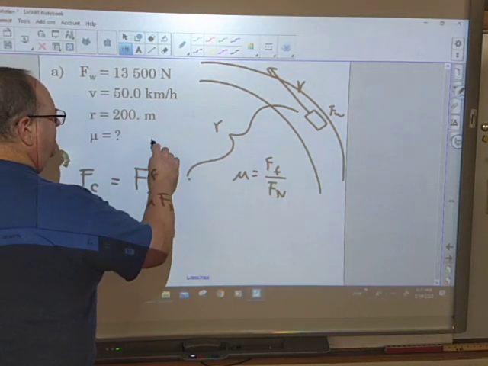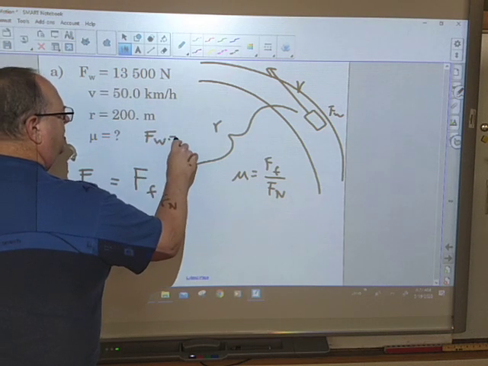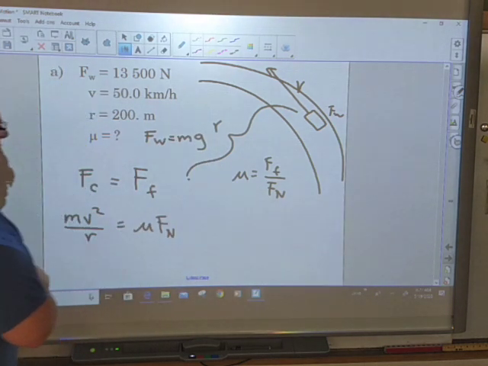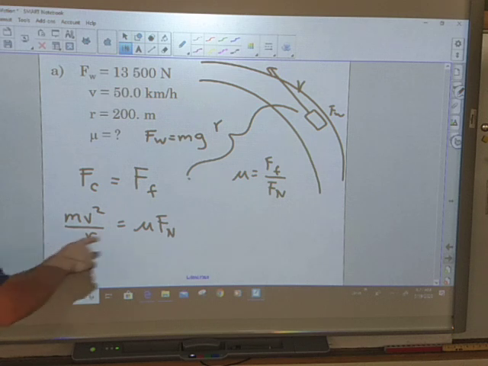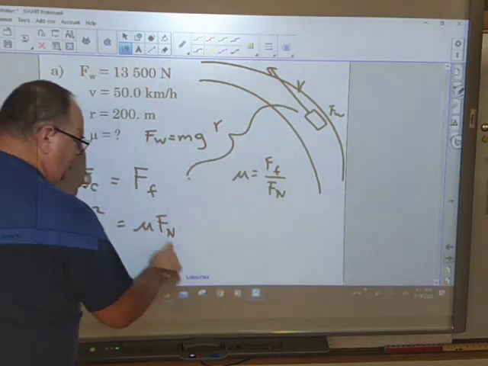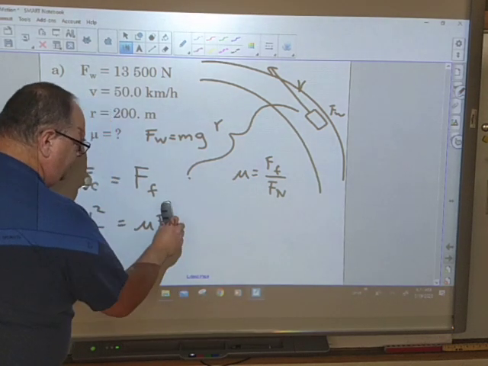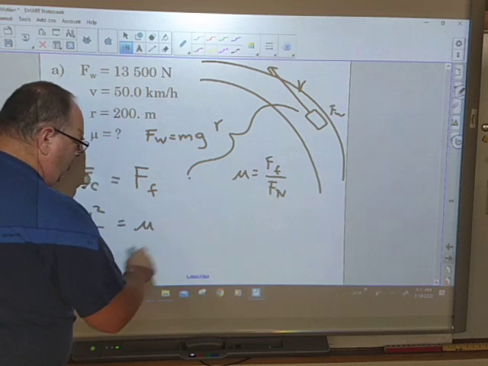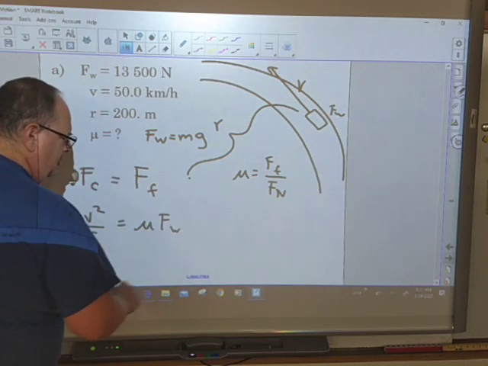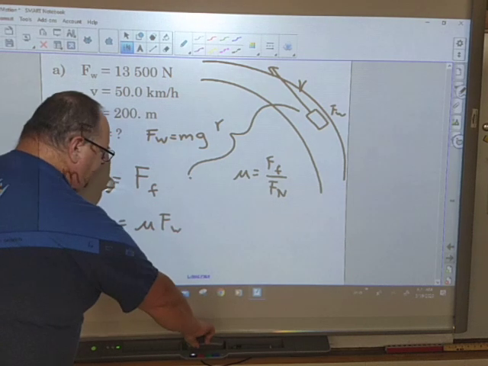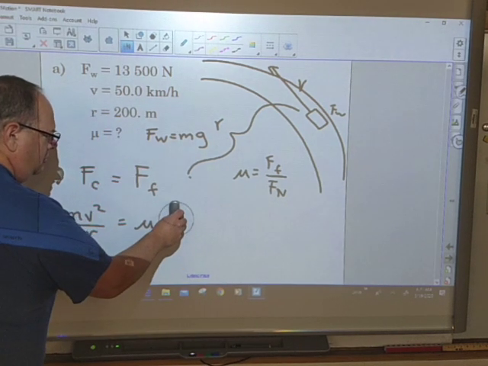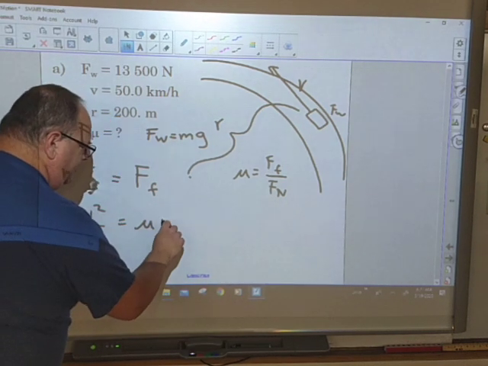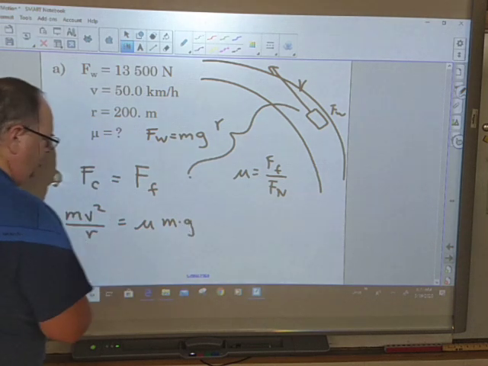But if I use the equation that weight equals m times g, I could plug in where this normal force is with a weight, but then the weight is really m times g.